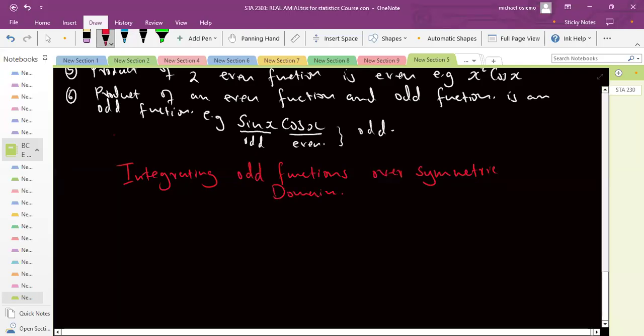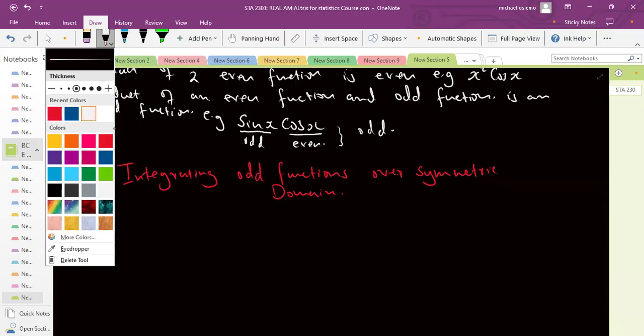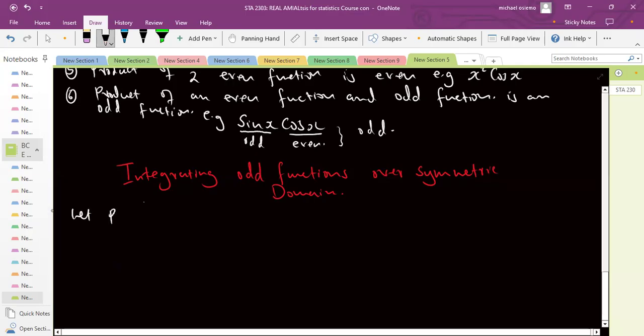Over symmetric domain. So in this, what do we say? Suppose we let a positive integer p be a fixed number.